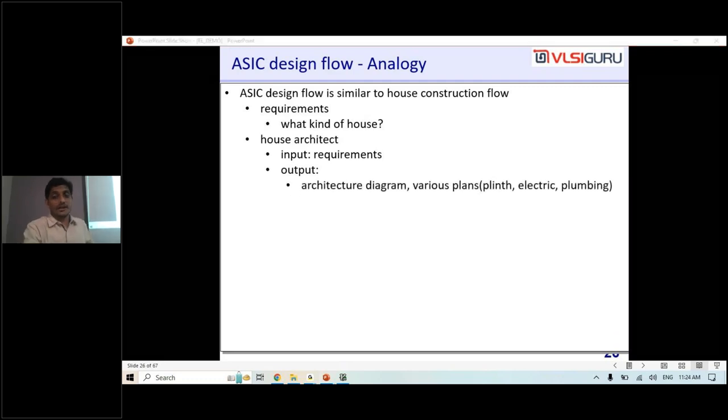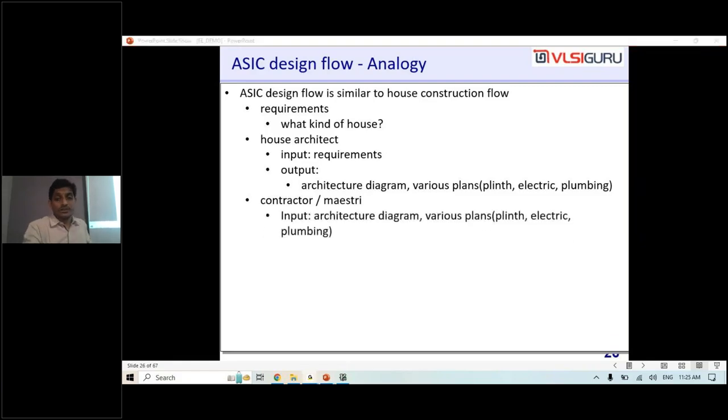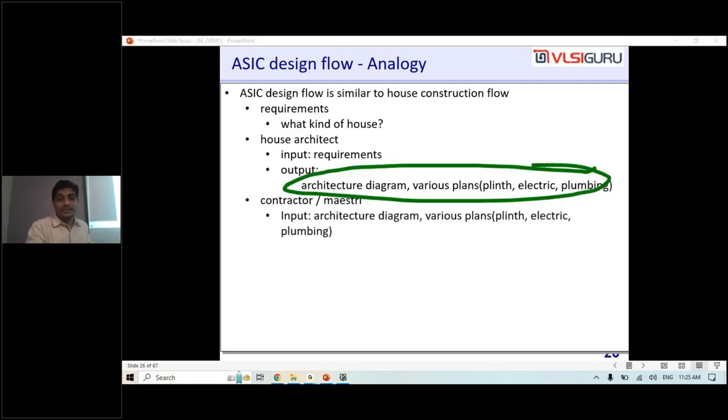The entire architecture, the various plans: electric plan, plumbing plan, plinth, everything he will give you, right? Then whom do you go to in the next step? Some contractor or some maestri will be there. For him, what is the input? Whatever is the output from the previous stage, that is his input.